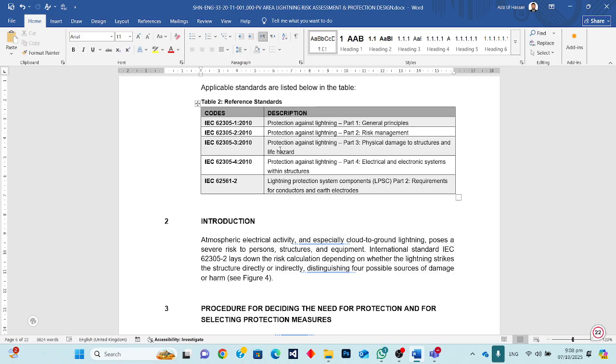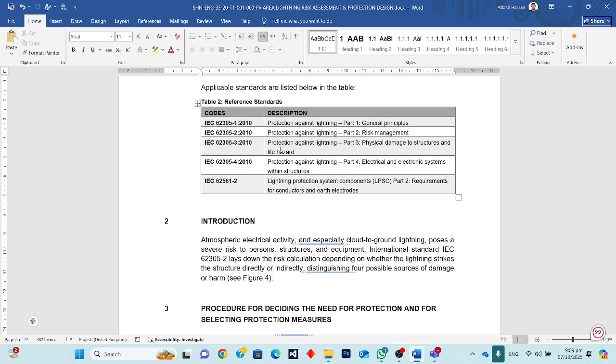So basically, atmospheric electrical activity and especially cloud-to-ground lightning causes a severe risk to persons, structures, and different equipment. They will create issues and partially damage the structure.